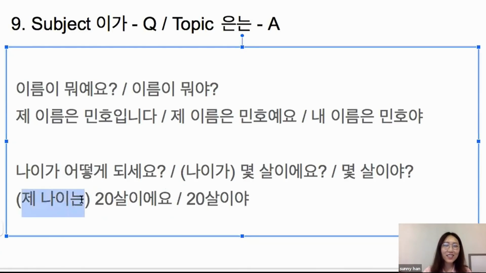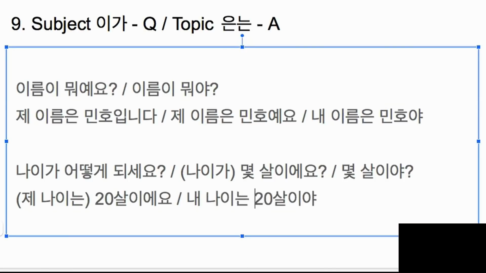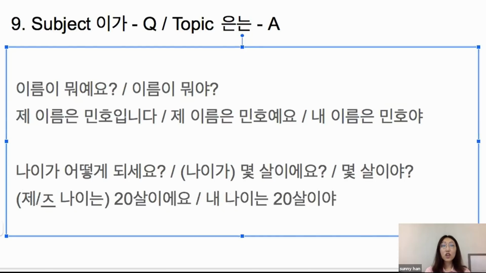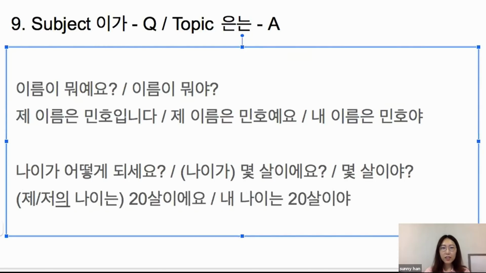So what about 제 나이는 in the informal way? 내 나이는. 제 is the formal form of 저희, the shortened way is 제. When we speak, we use the shortened way a lot.